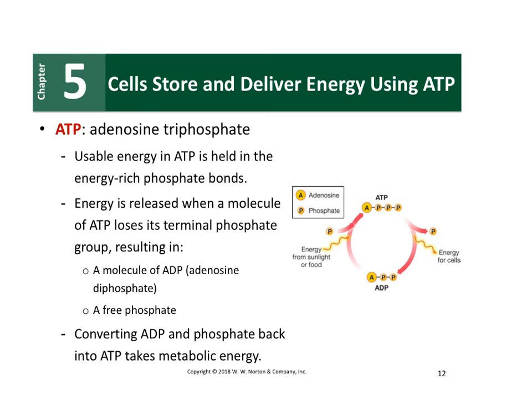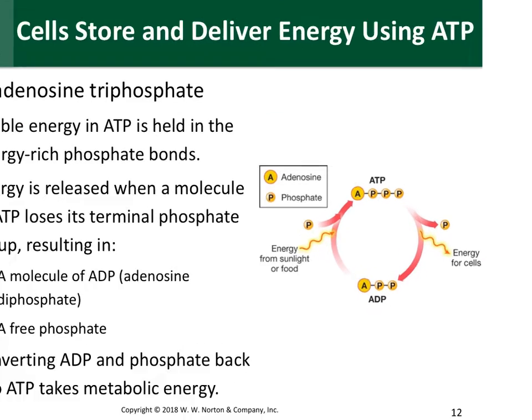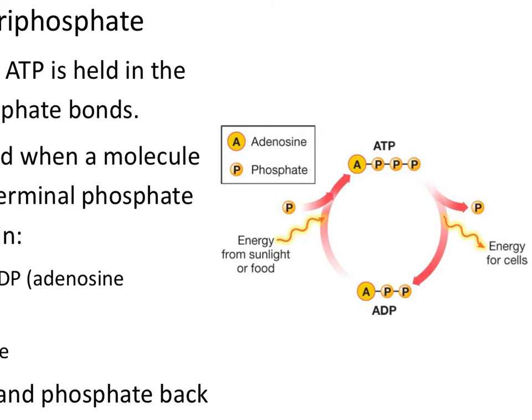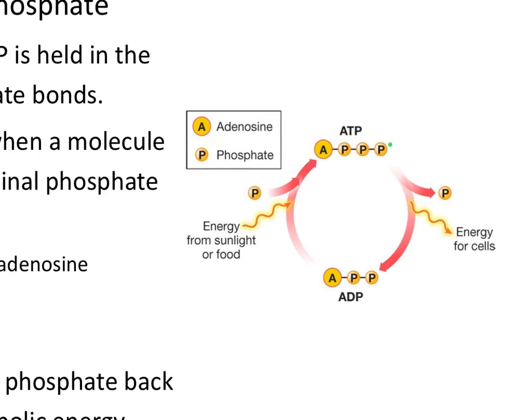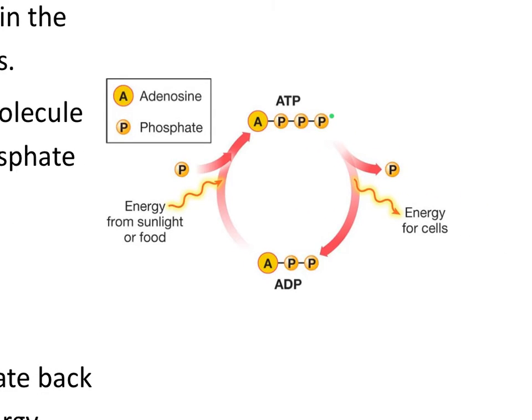So, cells store and deliver energy using ATP. Here's the ATP. You see adenosine, a chemical, and 3 phosphates. When you break off a phosphate, one of them, you release energy. If you break off another one, you release more energy.